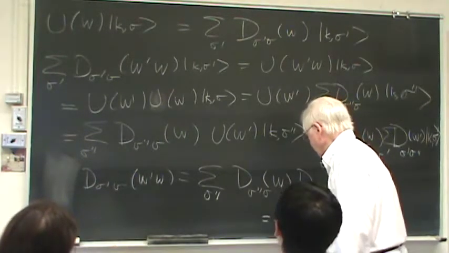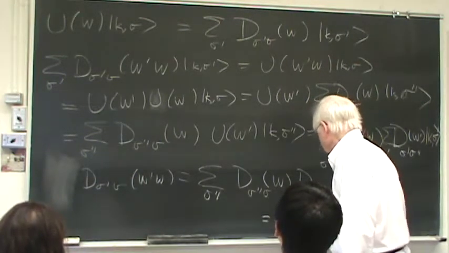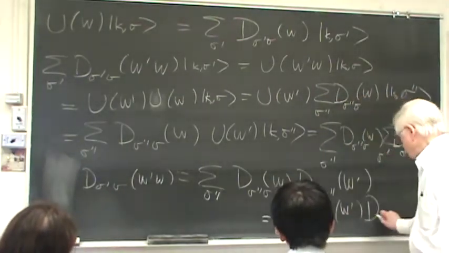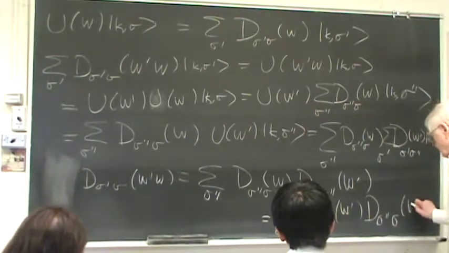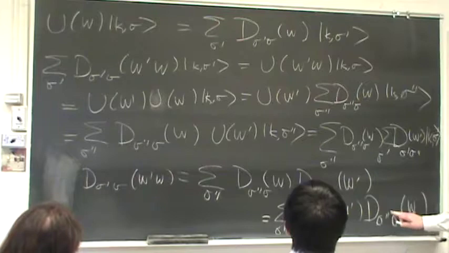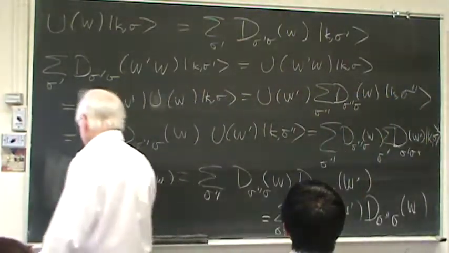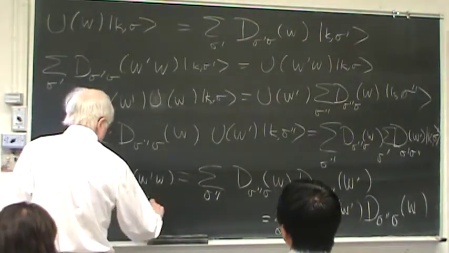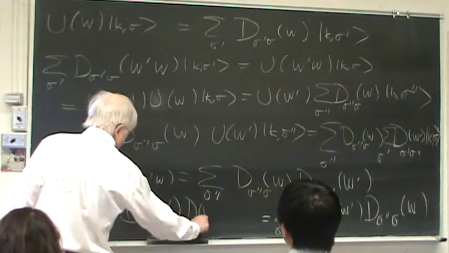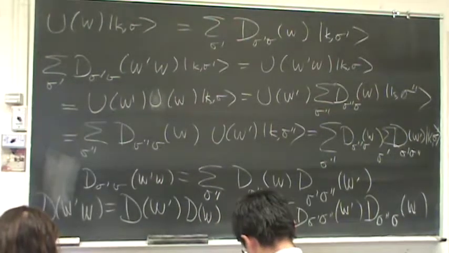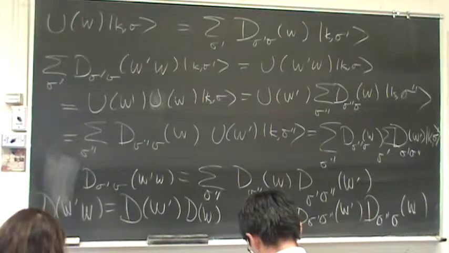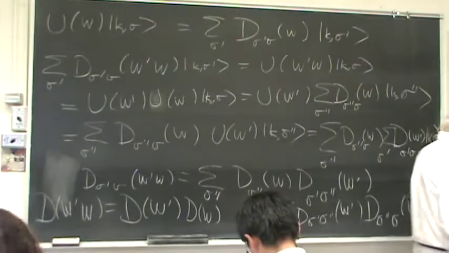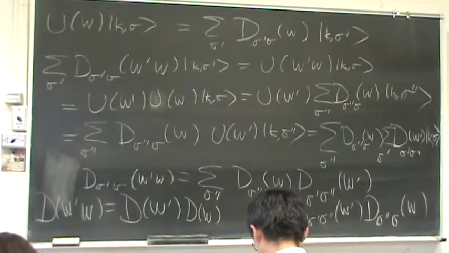And if I might write this a little bit more nicely, it looks like this. Okay, so this means, so in matrix notation, this is just saying D of W prime W is equal to D of W prime D of W. So these D's are representations of the little group, which is, of course, what we expect.